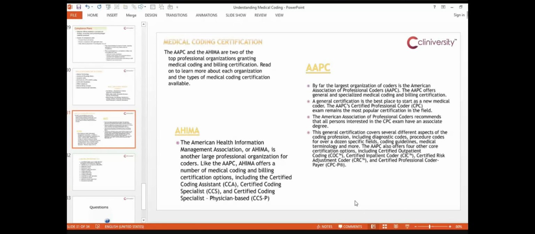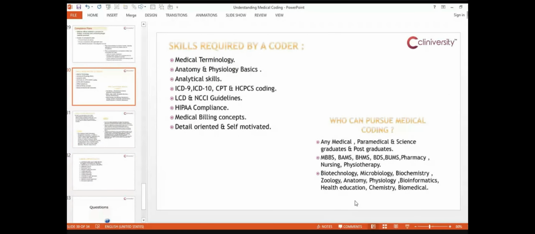Now, one thing lastly I would like to add here: whenever you look at job profiles in the market, you will find they need specific coders belonging to the EM department, I mean EM coders, evaluation and management, as we have seen. Then there are those belonging to surgery or medicine.